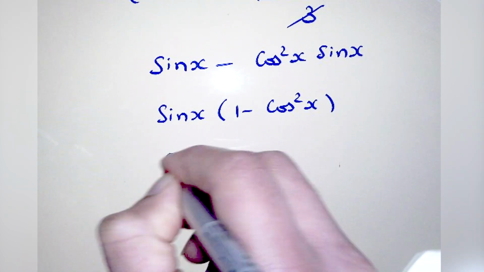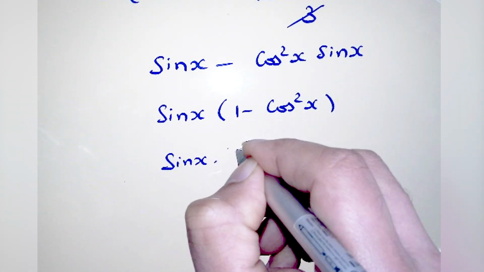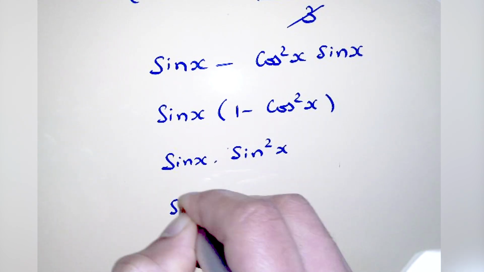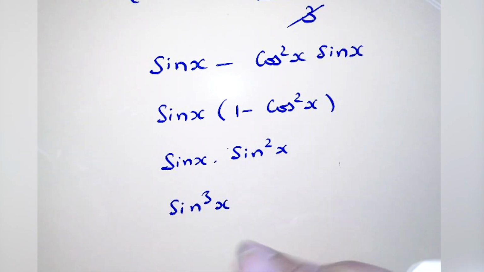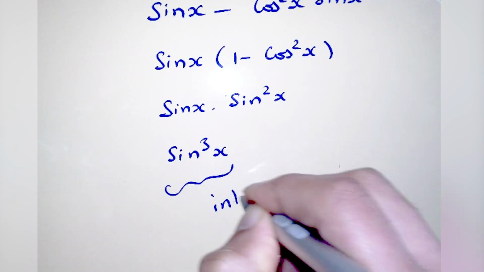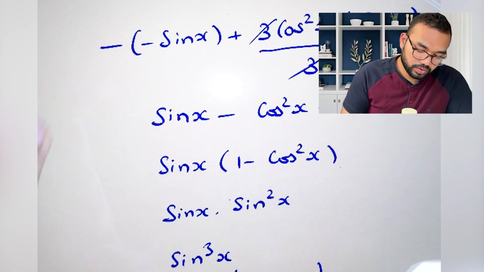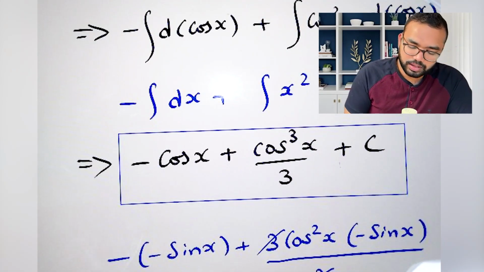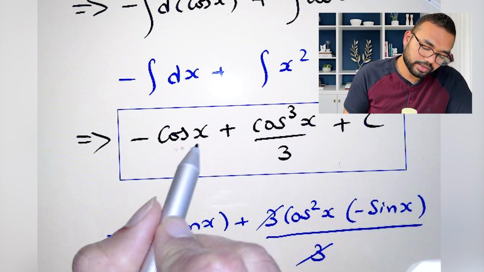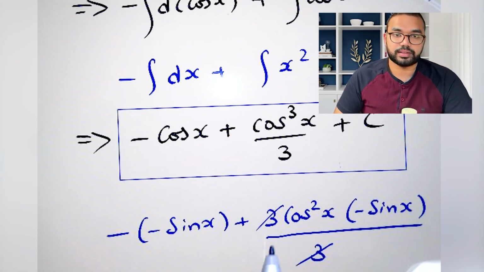And 1 minus cos square x is sine square x, so this is sine cube x. This is our initial integrand. So we got our integrand when we differentiated the answer. This says that our answer, minus cos x plus cos cube x divided by 3 plus c, is the correct answer.